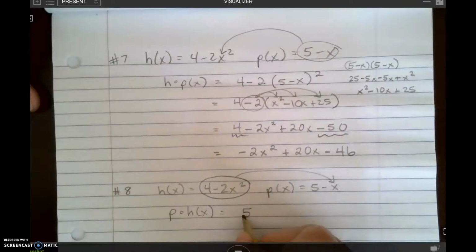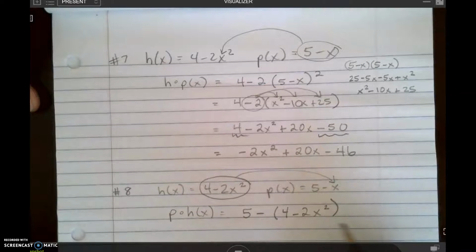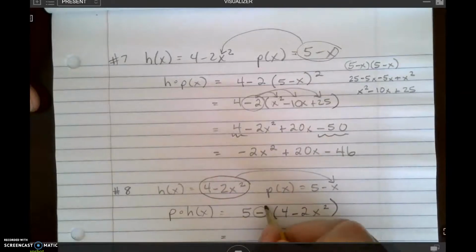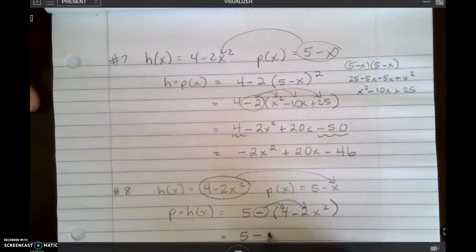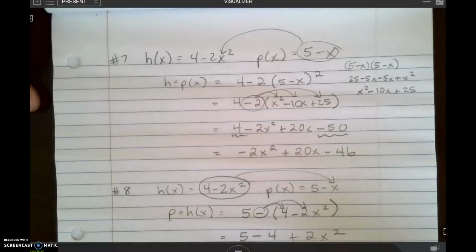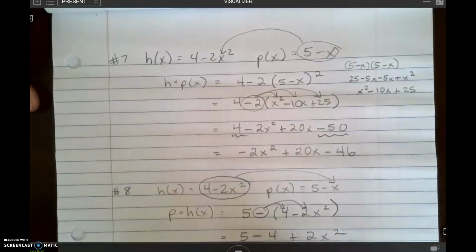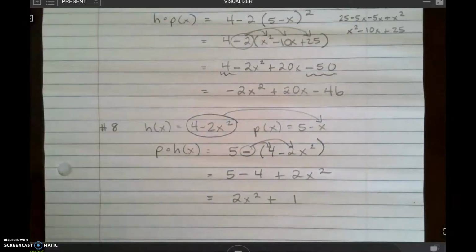So I get 5 minus (4 minus 2x squared). Distribute this minus sign to both, and I get 5 minus 4 plus 2x squared. So my final answer would be 2x squared plus 1, because I like to do it in descending order. So that's 7 and 8.